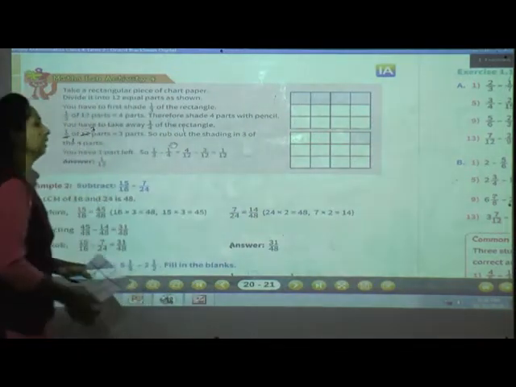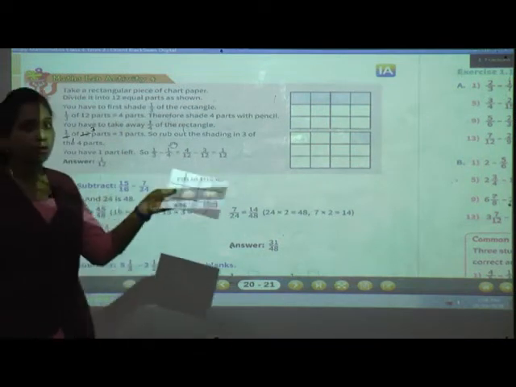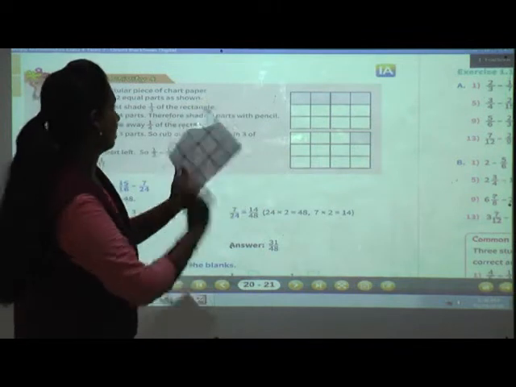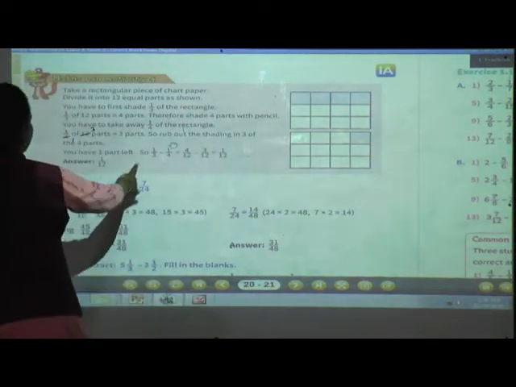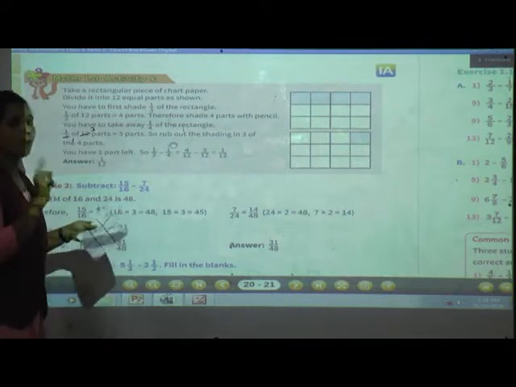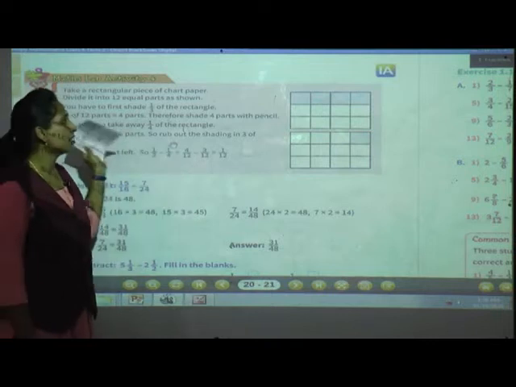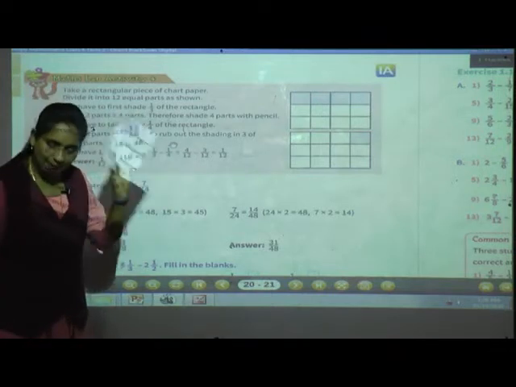Yes. Now what is remaining? Only one part is remaining. So how much is left with you? Only one part. So 1 by 3 minus 1 by 4 means how much? 1 by 12. So we have done this subtraction with the lab activity.